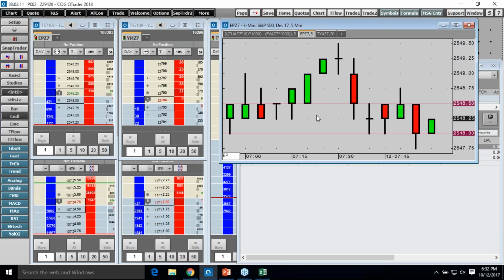So EP, which is my S&P 500, into one lot that I'm going to trade, which is equal to $50, minus YM, which is the code for your Dow Jones, into 5, which is the tick value, into one lot, right? So in this strategy, S&P 500 is my first leg, Dow Jones is my second leg, and I'm taking the dollar value differential for one lot between the two instruments, right?